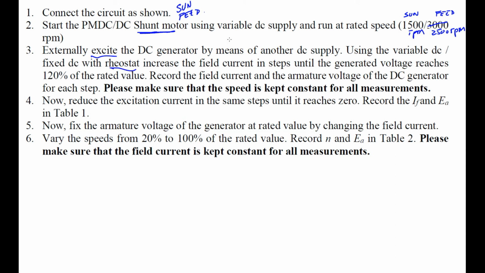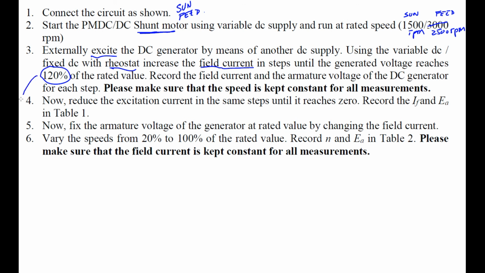So we use both of those variable DCs to increase the DC voltage. By increasing the DC voltage, we can vary the field current in the field winding for both generators, sun and feedback. Now we keep increasing this field current till we reach 120% of the rated value of each one of them.